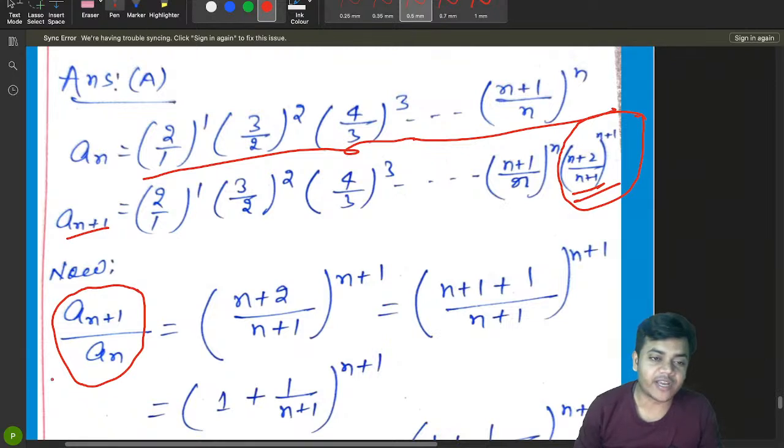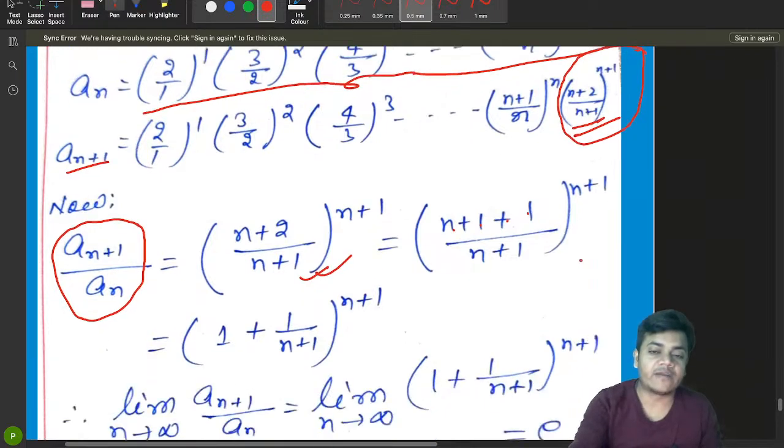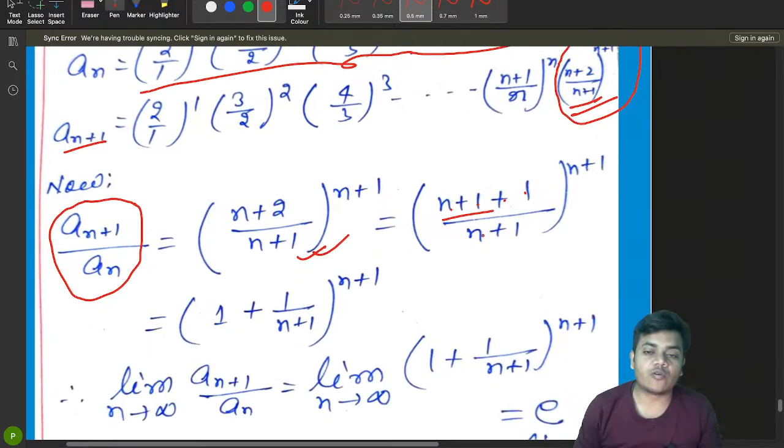So this is n plus 2, which could be written as (n+2) over (n+1) raised to the power n+1. This (n+1) over (n+1) will give you 1, and this 1 over (n+1) will be over here, and whole to the power n+1 can be seen easily.